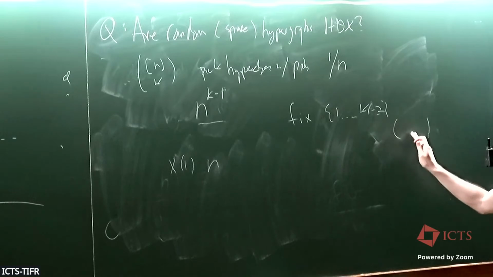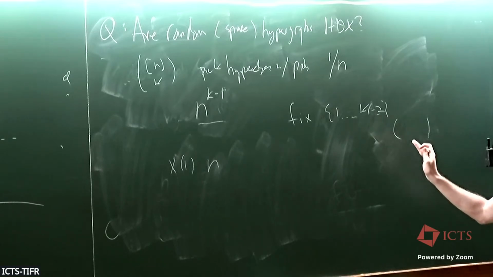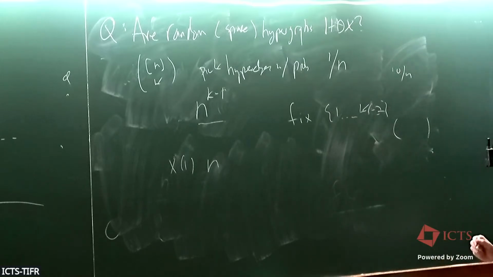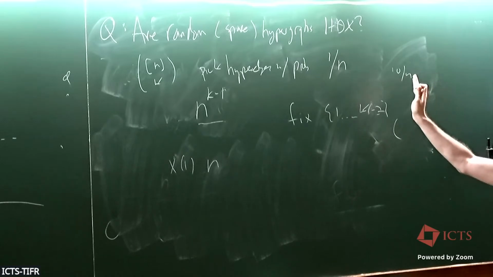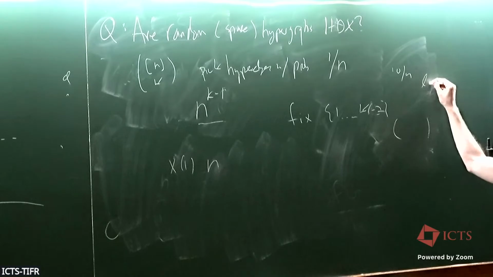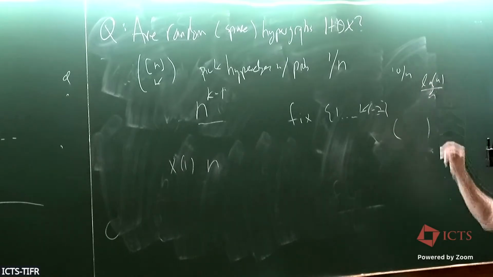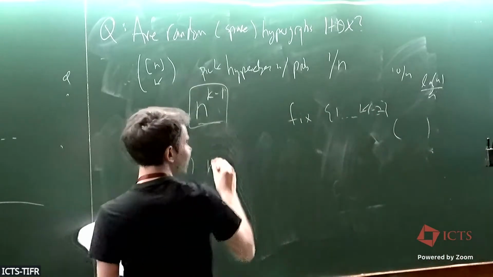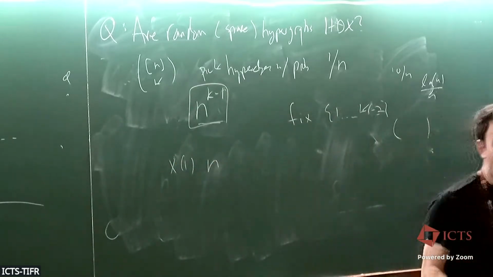But each edge is going to appear with probability about 1 over n, or maybe it should have been 10 over n or something like this. I'm not going to go through it, but it turns out that a random graph of this sort is known to be disconnected with very high probability until I take each edge with probability about log n over n. So it turns out that even these extremely dense complexes are not high-dimensional expanders.